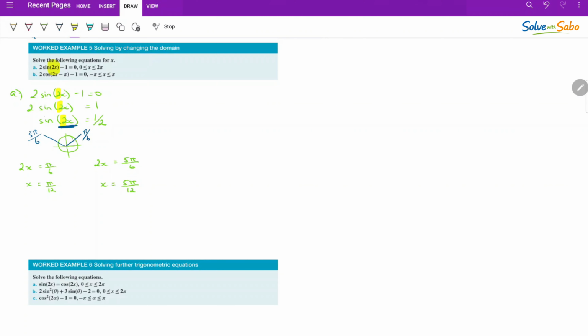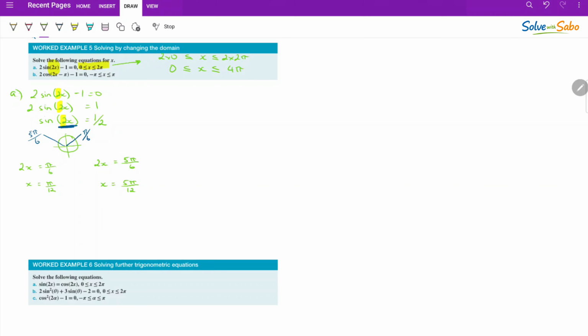So I'm going to transform my domain. My transformation of 2 is going to apply to my whole domain. So I'm actually going to be looking at 2 times 0 and 2 times 2 pi. Well, 2 times 0 is still 0, so that's good. Lucky maths for us. And now I'm going up to 4 pi.